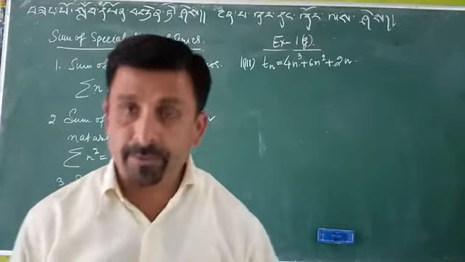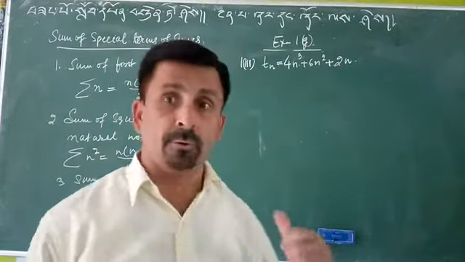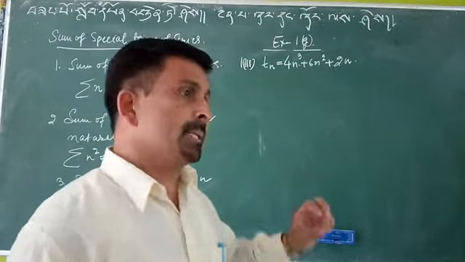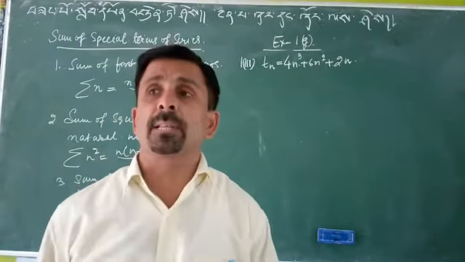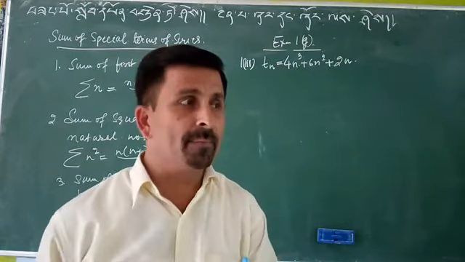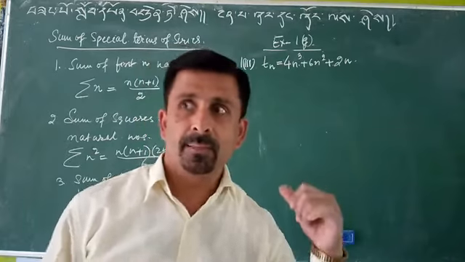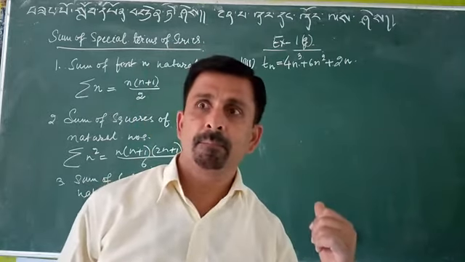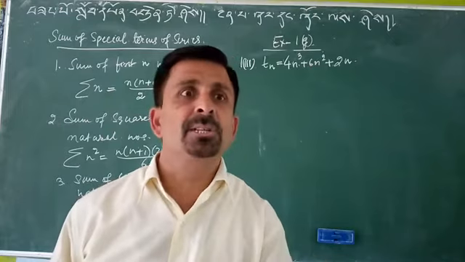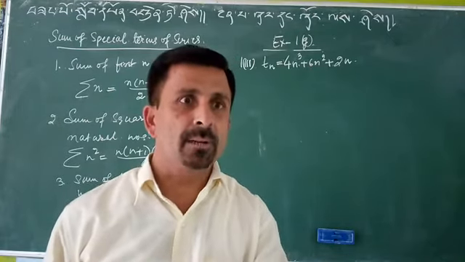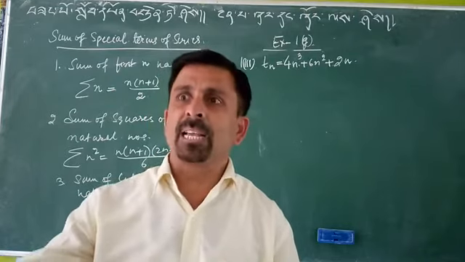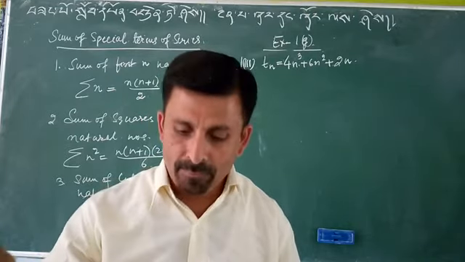The difference between this Roman numeral 3 and the question which we did right now is that the first question was given to us in the form of a product. This one is given to us in the form of one single expression, and the previous question was in the form of a double expression.